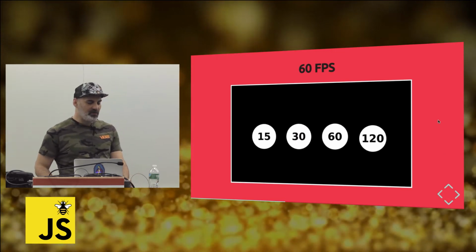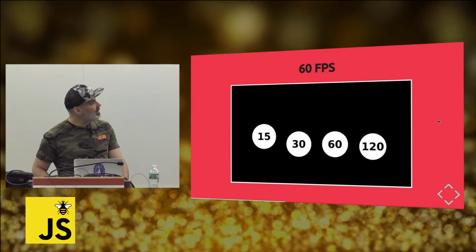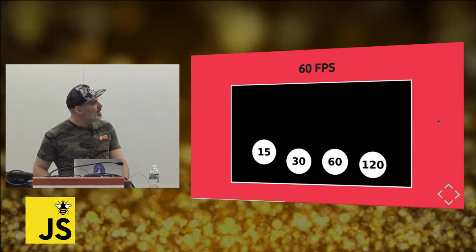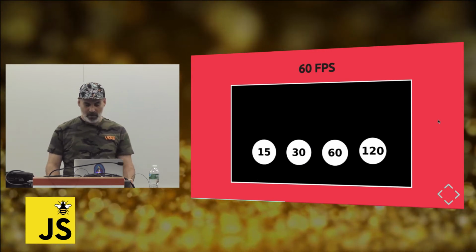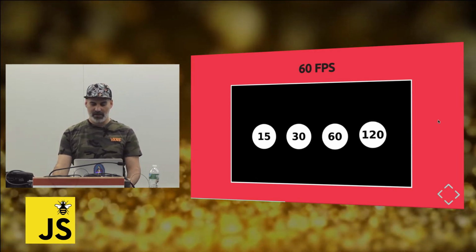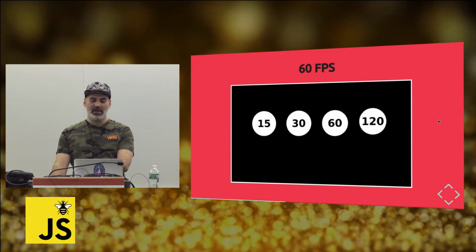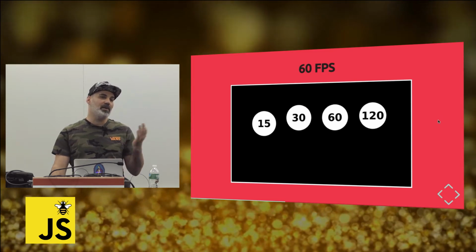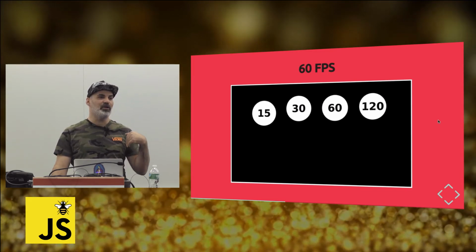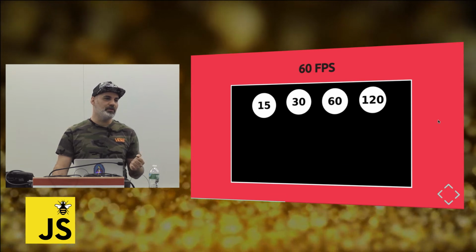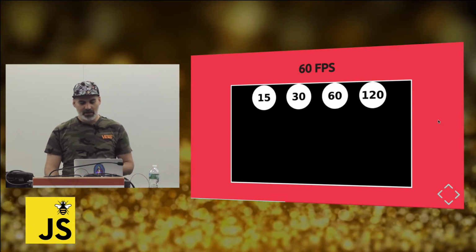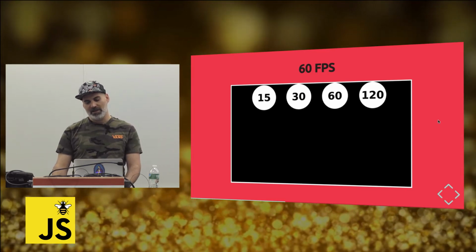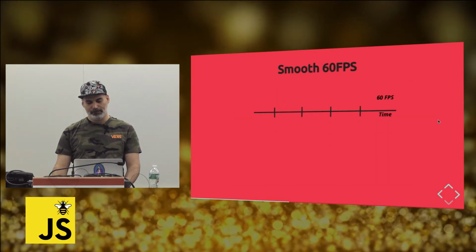You can see, for example, 15, it looks really jumpy, and 120, I mean, it's almost the same. You cannot even see the difference. And of course, that means that if we picked 120, that will be doubling the CPU usage. So that won't be that good. So 60 frames per second is just a nice number.